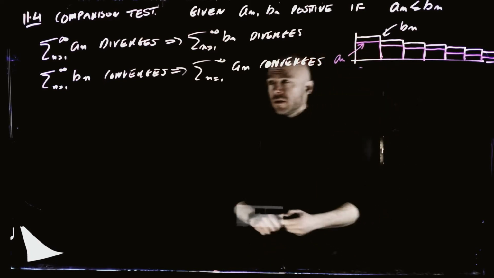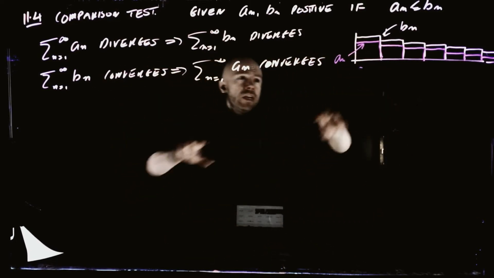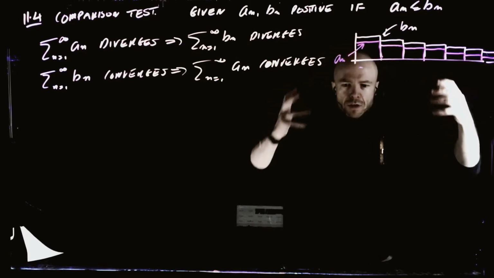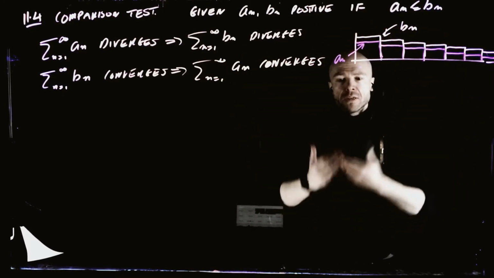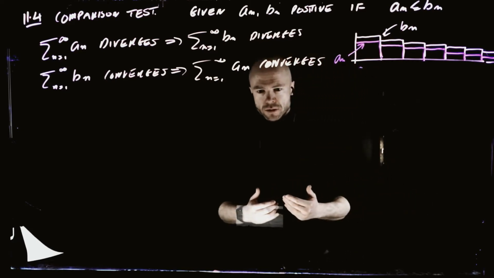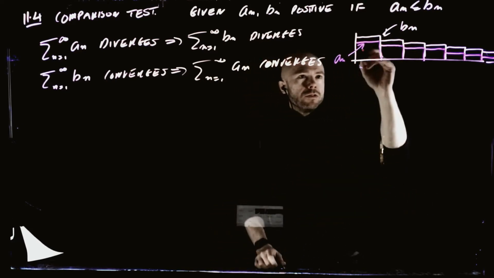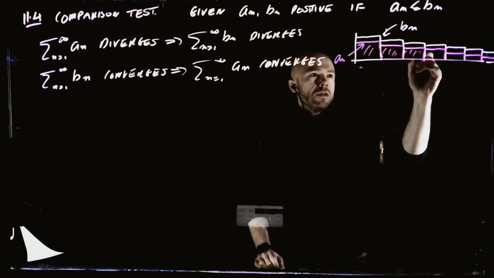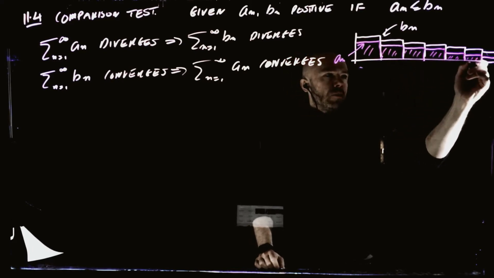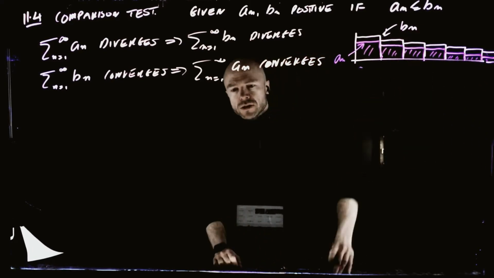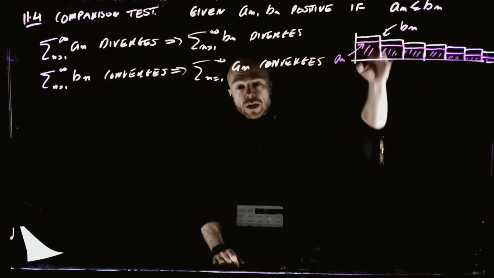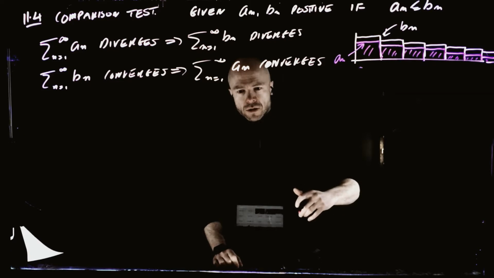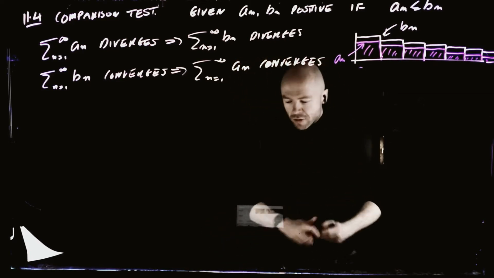And we can just see that this is true, right? So if the sum of an diverges, the area underneath all of these red blocks is infinite. Therefore, the area underneath the bn blocks has to be infinite because they are bigger. Just immediately true from these pictures, right? And conversely, if the area underneath all the bn blocks is finite, it converges, that means the area underneath all the an blocks is finite because they're all a subset of the bn blocks. Yeah? So these are immediately geometrically obviously true things.